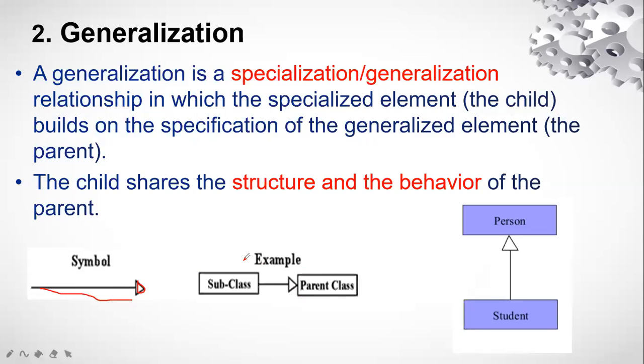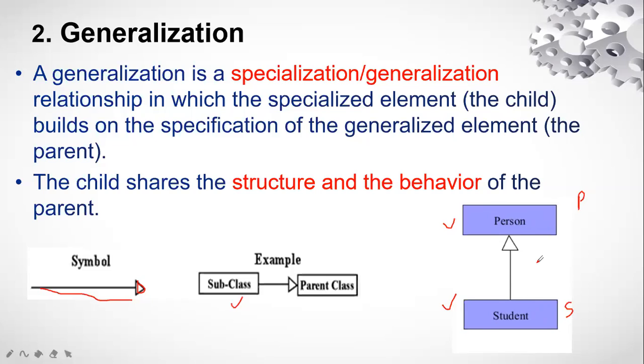This is a parent class and this is a subclass. Example, I have taken person and student. Student is a subclass while person is a parent class.